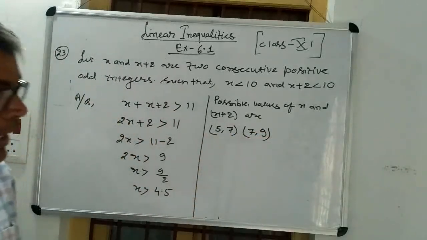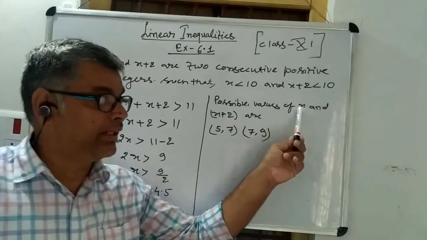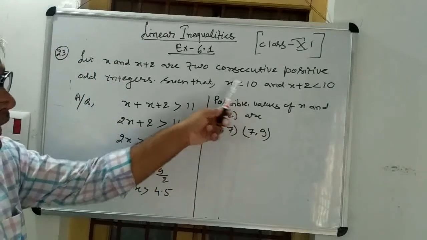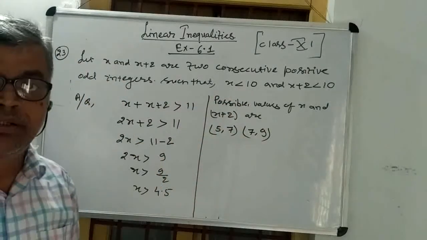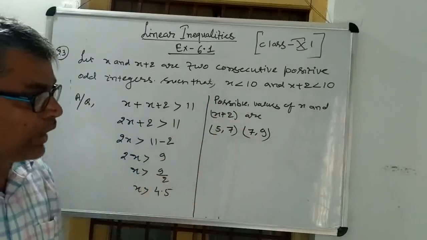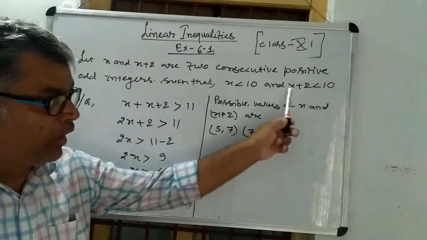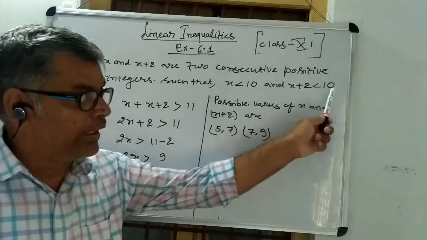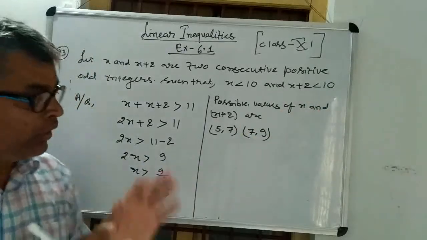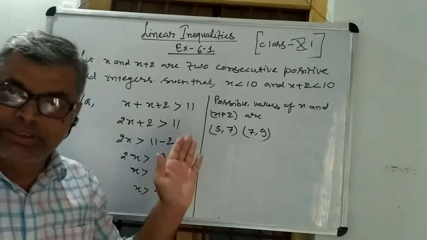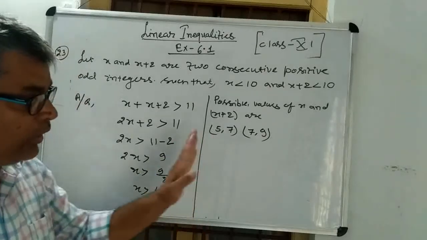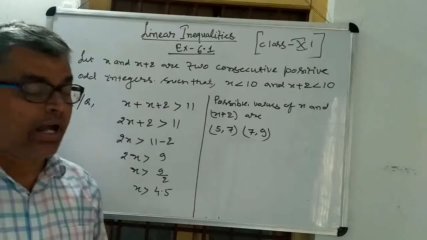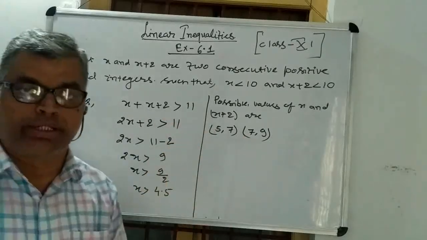But what will happen when you take x as 9, which satisfies the condition x is smaller than 10? When we take x equals 9, then we get x plus 2 equals 11, and 11 is not less than 10. So that pair will not be a solution. You cannot take 9 and 11 as the solution of this inequality.